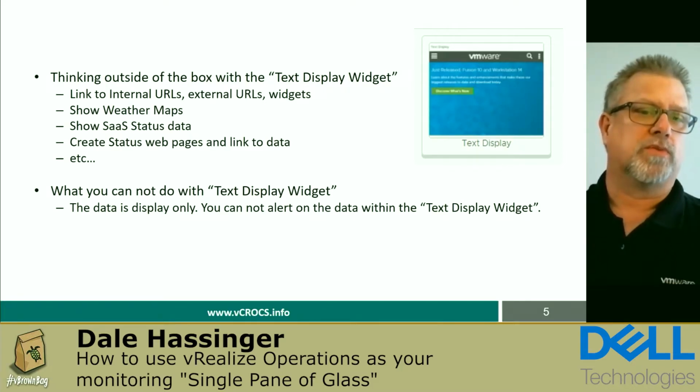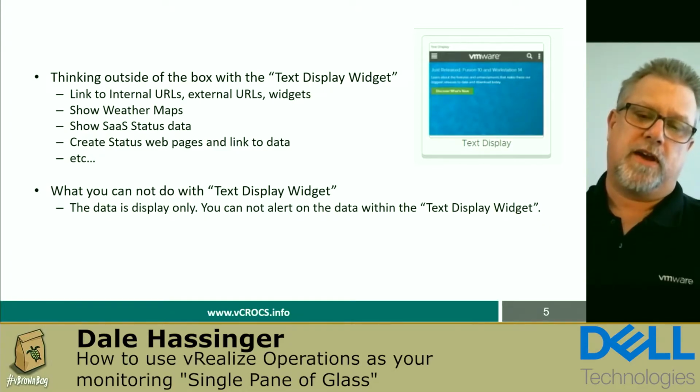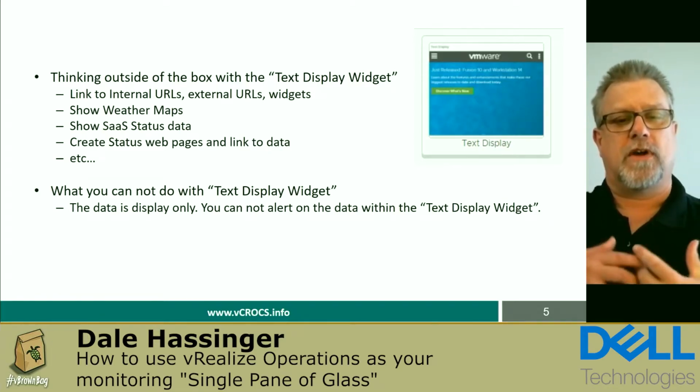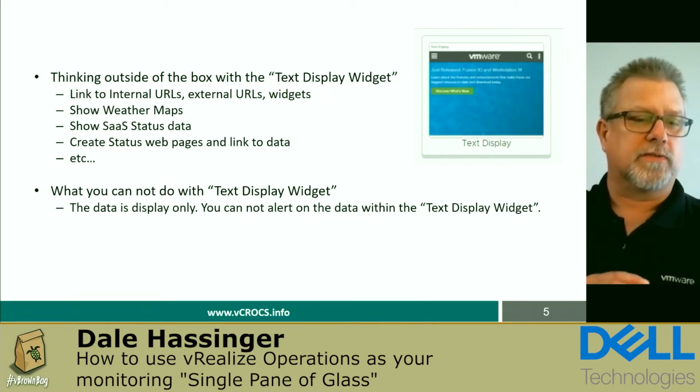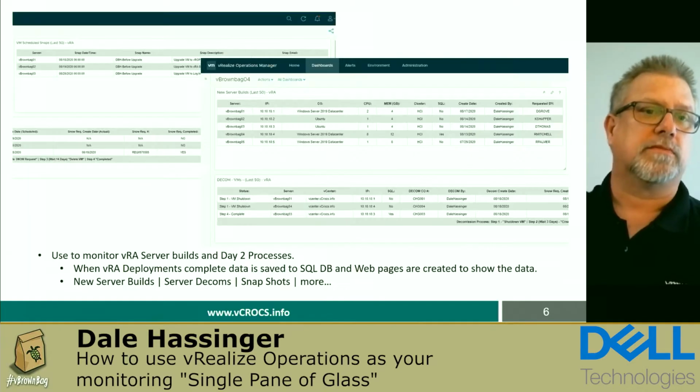What you can't do with it is alert off of any of that data. It's really display only. But my use case was to make vROps the single pane of glass for our environment, and just to show data from many different sources.